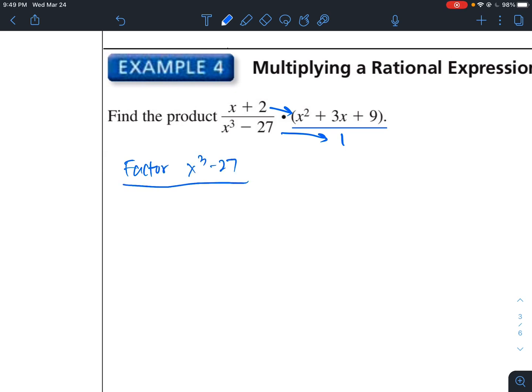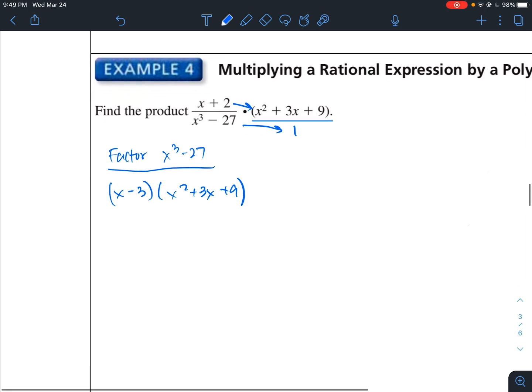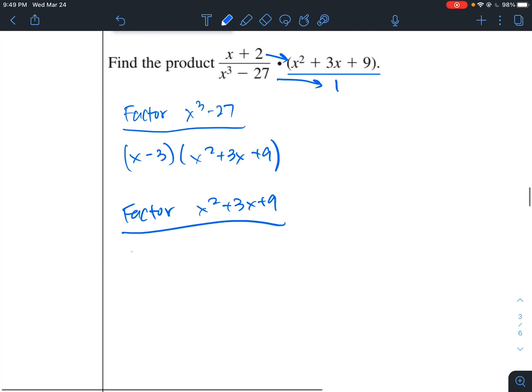This is x minus 3 times by x squared plus 3x plus 9. Okay, and then if we were to factor x squared plus 3x plus 9, it's a quadratic, so find two numbers that multiply to be 9 but add to be positive 3. So I actually don't think that there is. No, okay, so it won't be factorable.